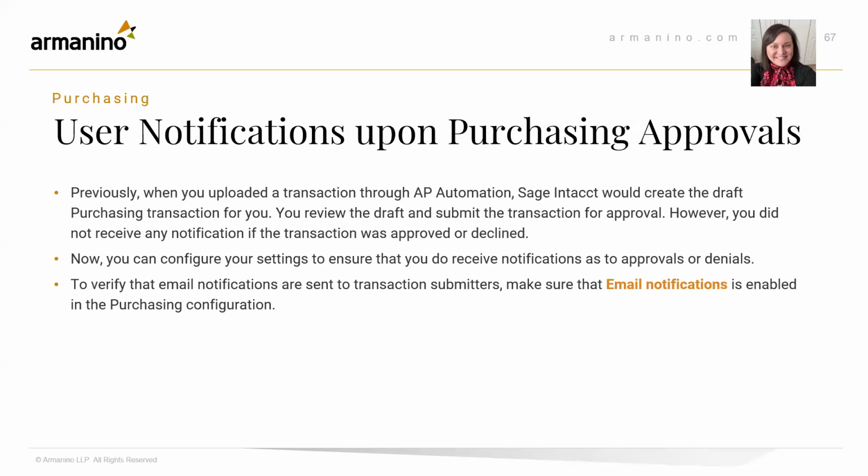So now you can configure the settings to ensure that you do have those notifications. It's kind of a two-step process. Make sure that in the purchasing configuration tab, email notifications is checked off and enabled. And then each user can configure their settings to be able to receive those notifications as to approvals or denials.